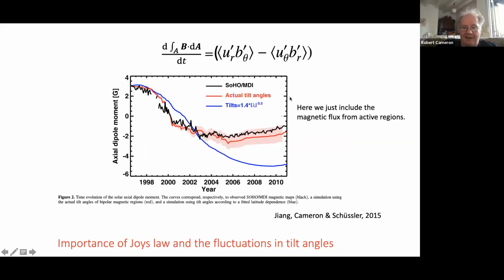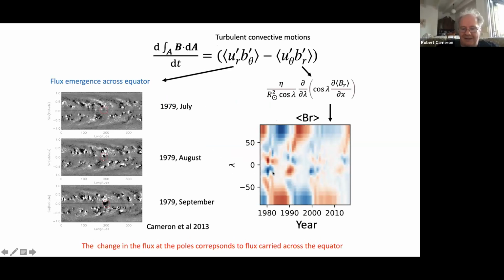And if we just take the observations, we can put in the tilt angles which are observed. And if we do this, what we find is that this systematic part here and this random component are both coming from tilt angles. So during the emergence process, there's a slight preference.